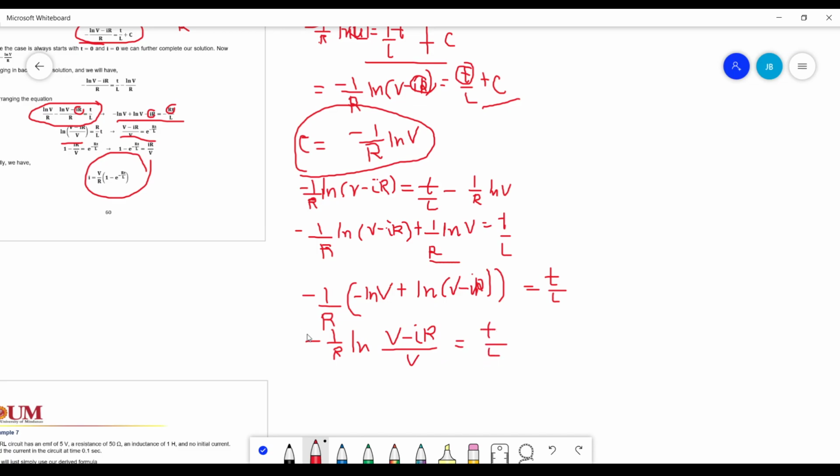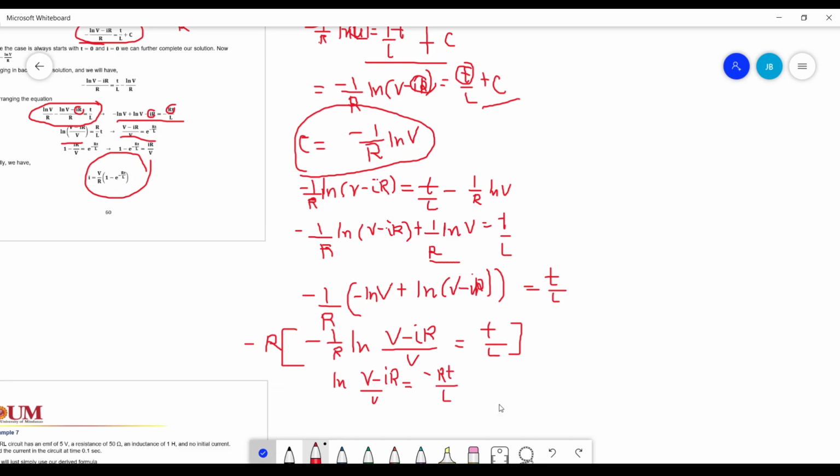Alright, so to eliminate r, you multiply both sides by negative r, tama? You have positive ln of v minus ir over v is equal to negative rt over l. Alright, so there you have.